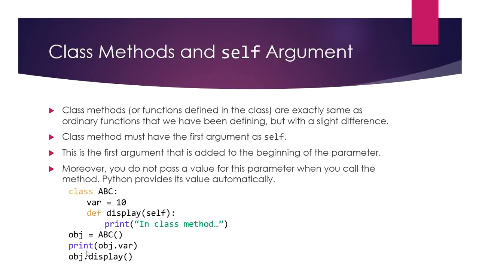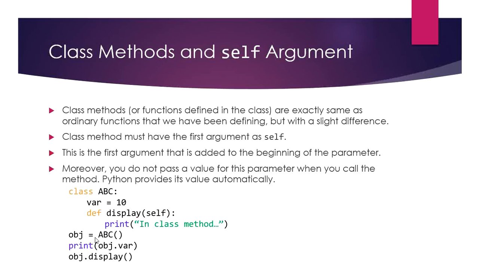Then we create an object, print the variable, and call the method which is inside that class. Both the var and the display are accessed using the dot operator. That is very important.